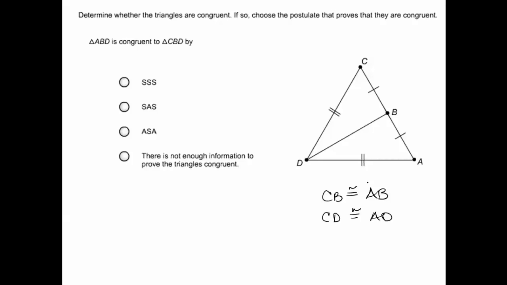And then I know that BD is congruent to BD, and that's because of, I can't remember what it was called. Oh, it's the reflexive property.